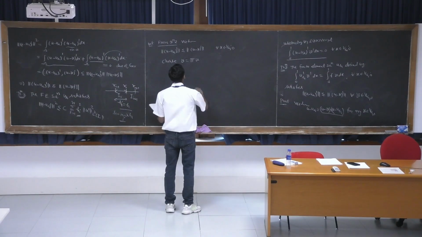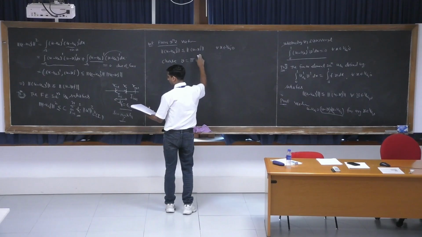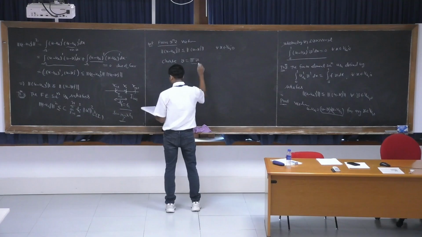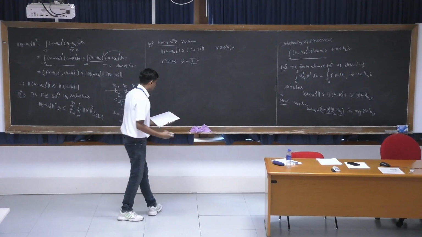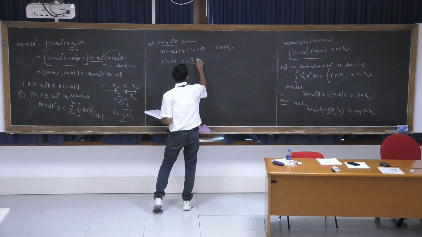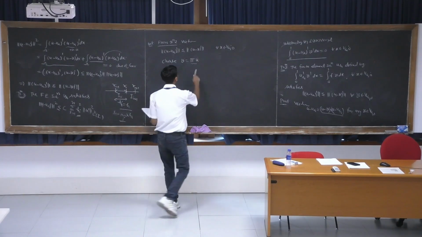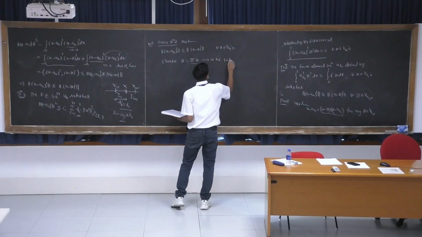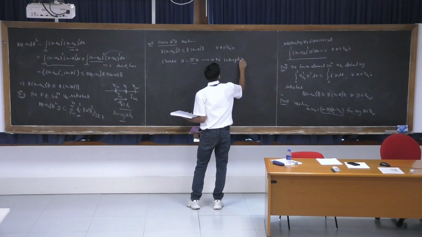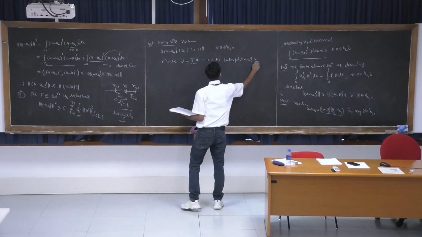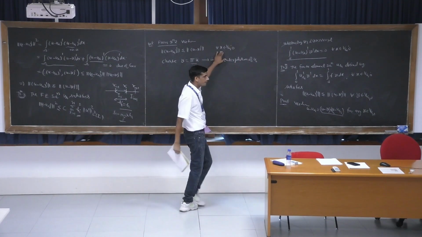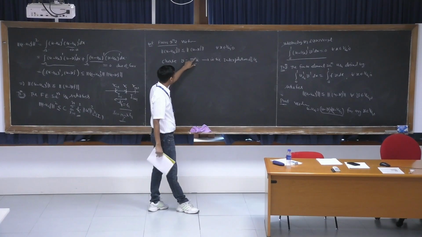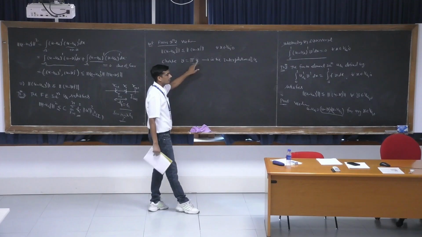Because this holds for all v, I can choose anything. So I am saying choose v equal to the interpolation, with the notation pi of u.